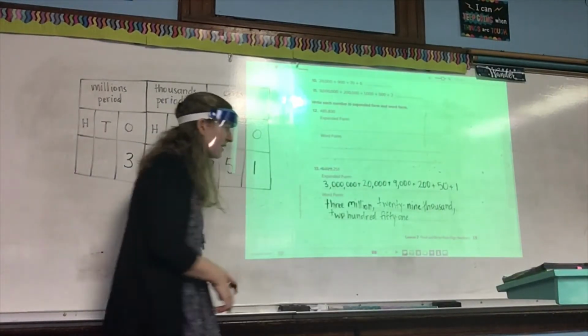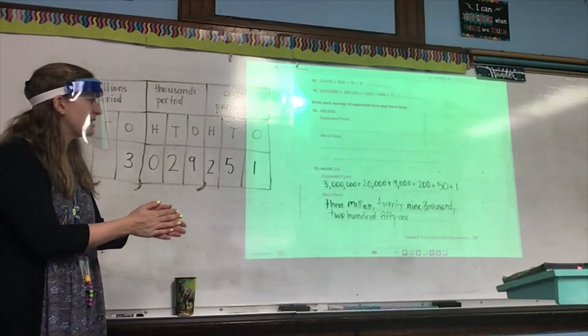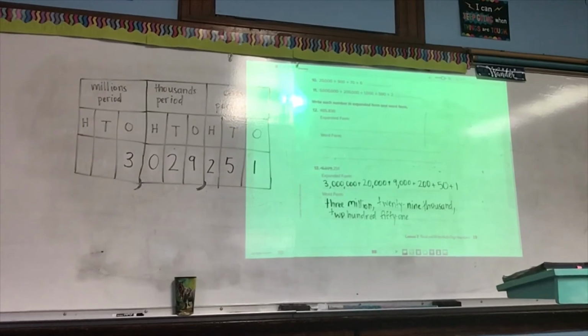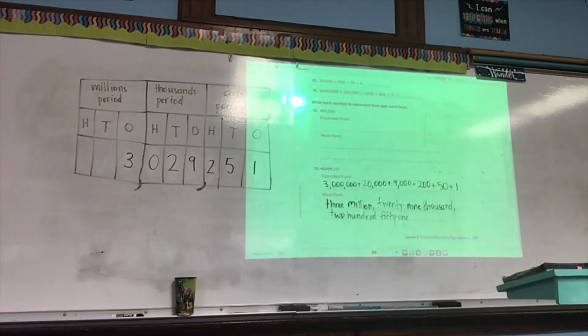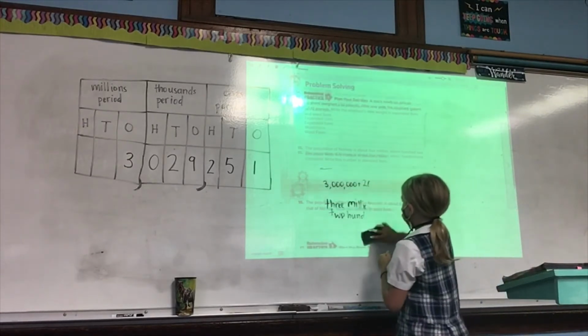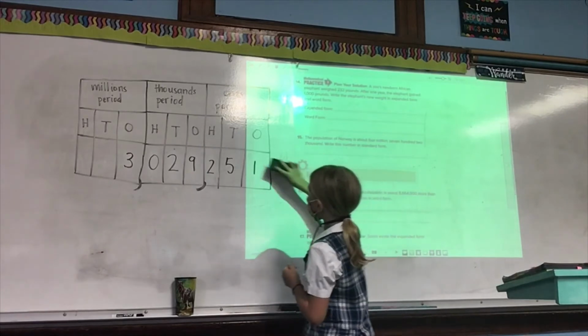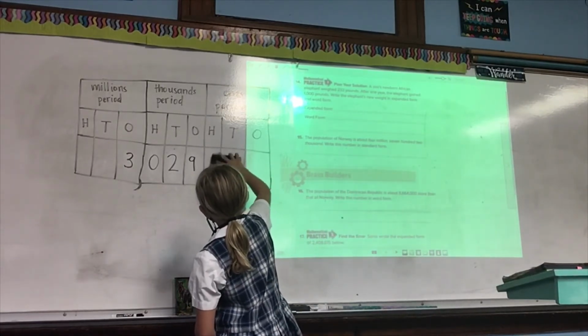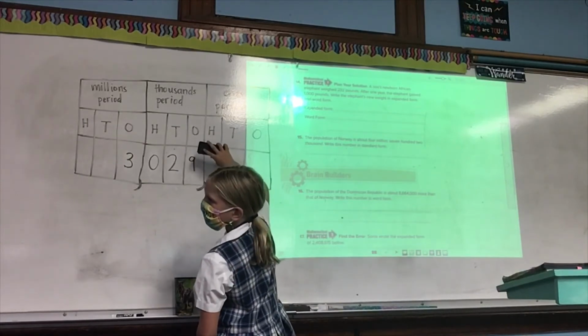Let's turn to the back. Cullen, sanitize, erase. Everybody else, let's look at the back. We're on number 14. We may not, no, okay, don't worry about that.